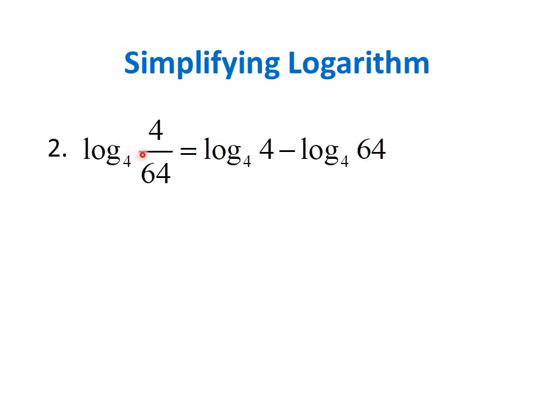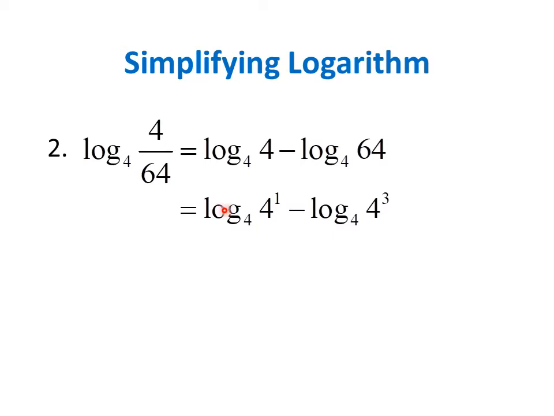And since we are given a division in the argument, we have to use the operation minus. So we can rewrite or expand this expression into log to the base 4, same base 4, of first the numerator, that is 4, then minus log to the same base 4 of the denominator, 64.